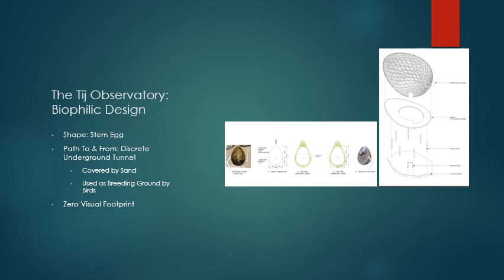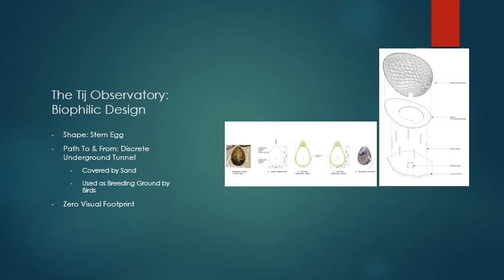The architects, the designers, used biophilic design because they used the tern egg as the shape for inspiration. They also made sure that the path to and from the egg, connecting from the parking lot to the egg, is a tunnel.